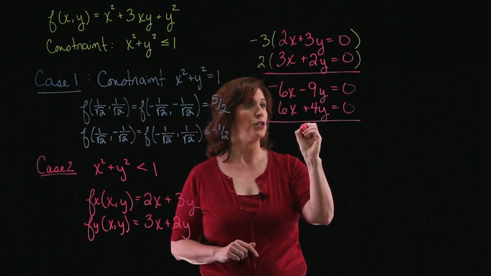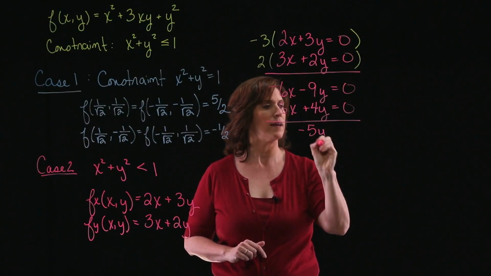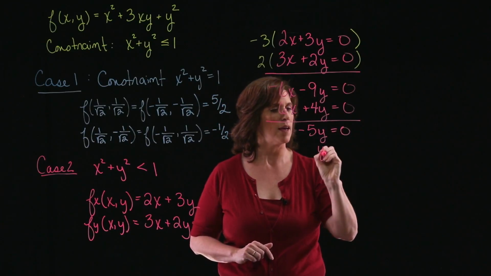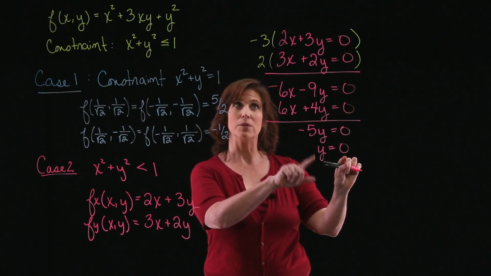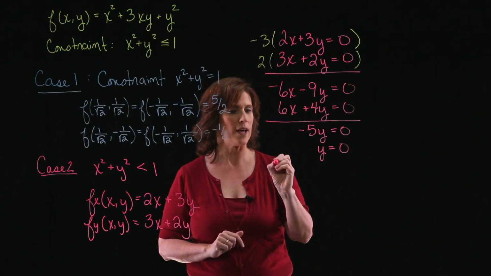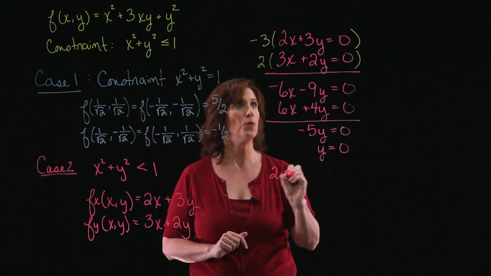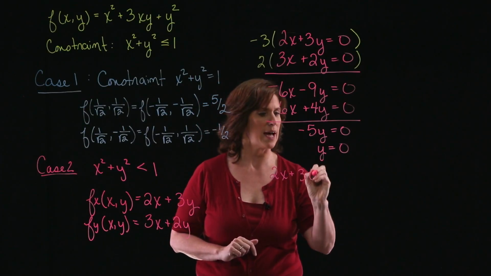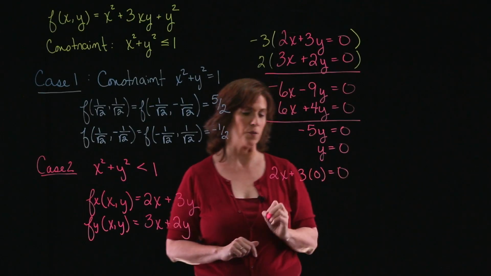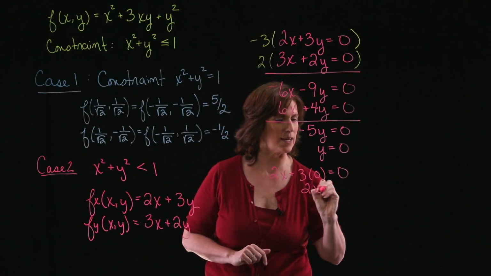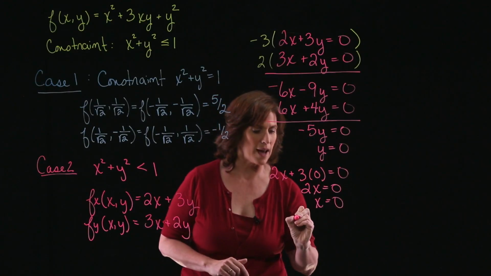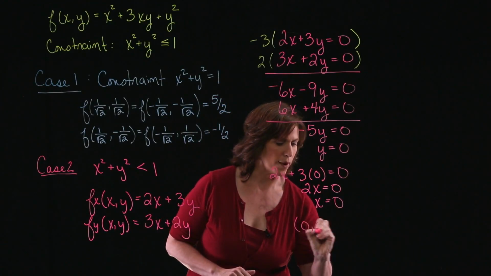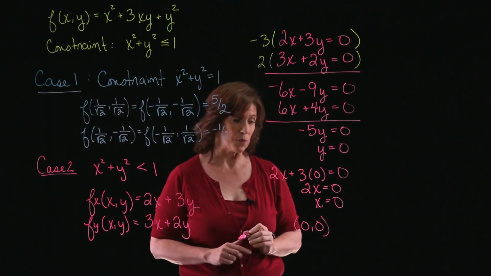This is going to lead to minus 5y equals 0, and y equals 0. Substituting y equals 0 into one of my original equations, I'll have 2x plus 3 times 0 equals 0, which means that 2x equals 0 and x equals 0. So that tells me I have a critical point at the point 0, 0.